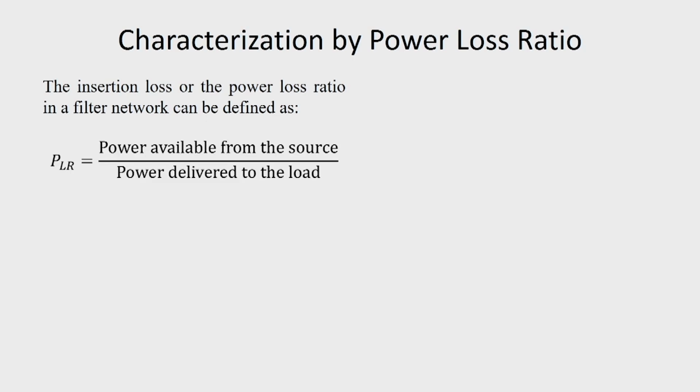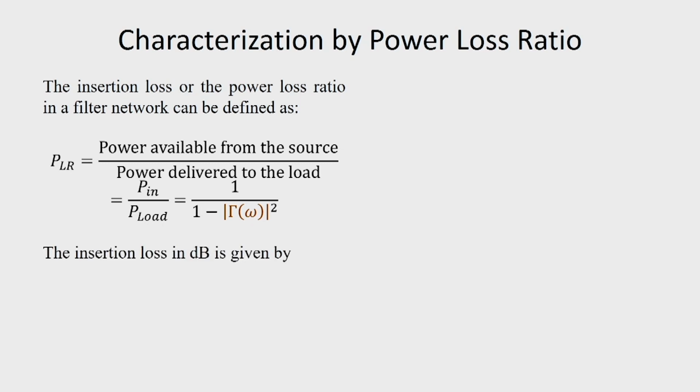The power loss ratio in a filter network we can define as PLR is equal to power available from the source divided by power delivered to the load, and therefore, it can be written as P in by P load, which is equal to 1 by 1 minus mod gamma omega square, because we know that P load is P in into 1 minus mod gamma omega square, and insertion loss in dB is given by IL is equal to 10 log PLR.